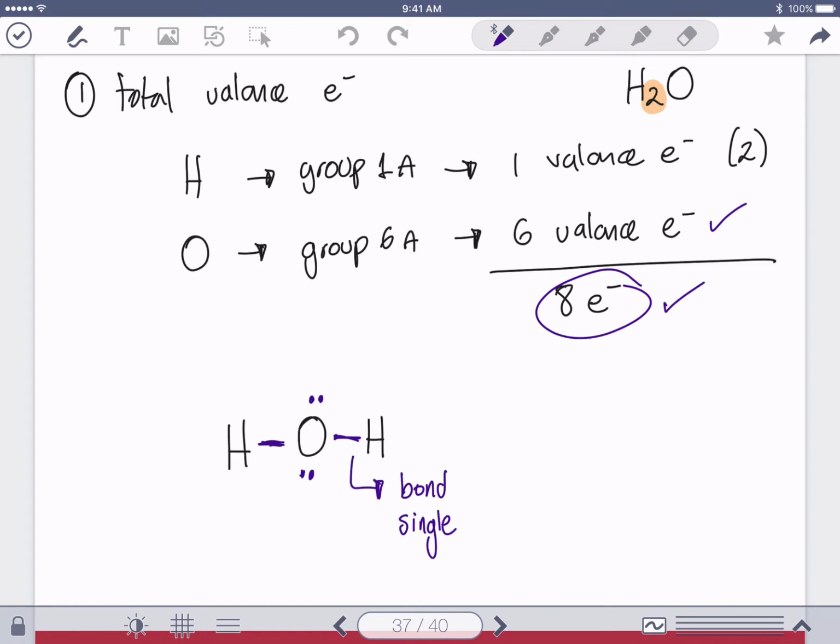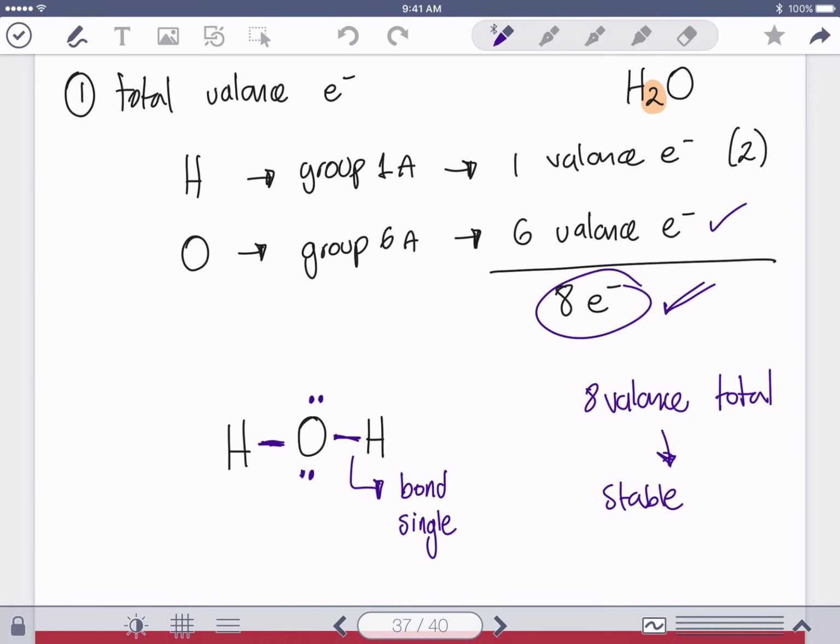Now, if you count how many electrons are around the oxygen, you're going to see that it has 8 electrons. So it has been shown that atoms want to be surrounded by or complete 8 valence electrons total. And this makes them stable.